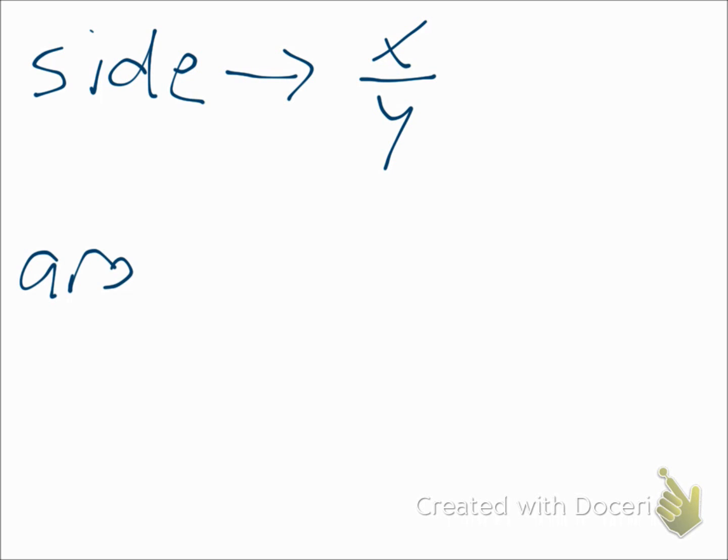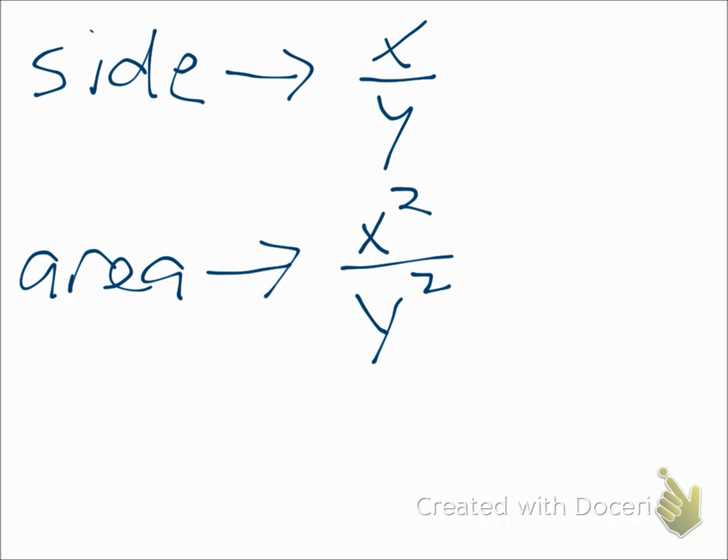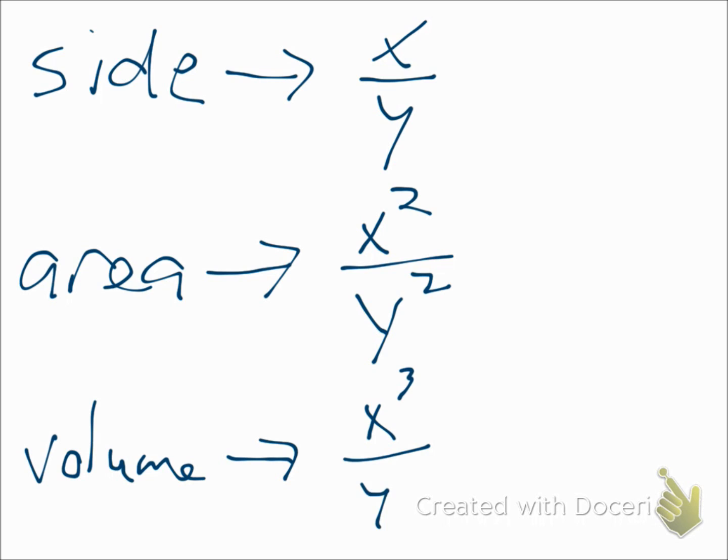When you're talking about area, which is 2 dimensions, your ratio will be x squared over y squared. And when it's volume, your ratio will be x cubed over y cubed.